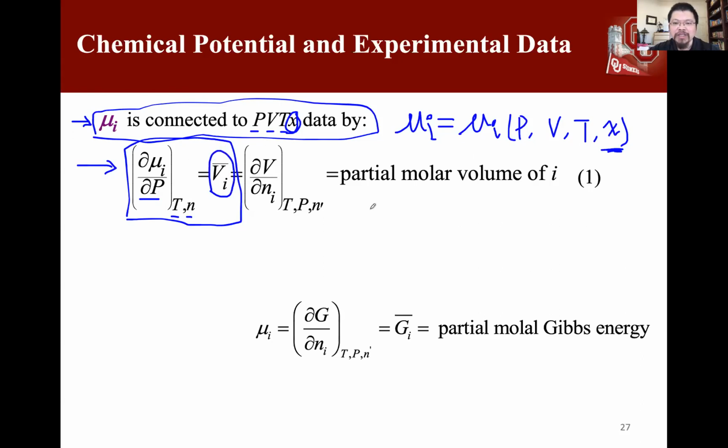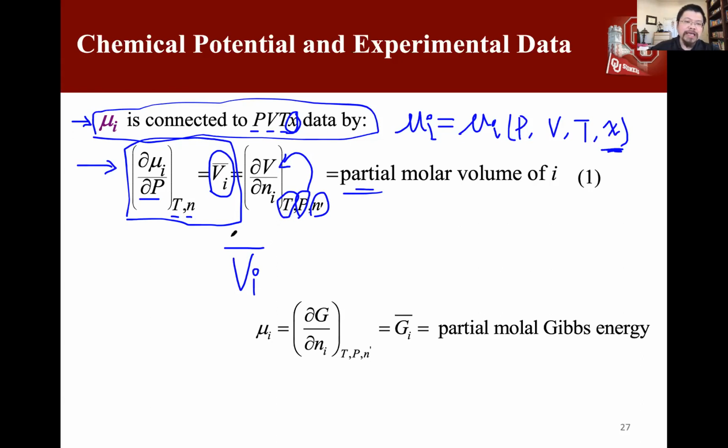Then we realize that is the corresponding partial molar property. First of all, let's check the partial property requirement: temperature, pressure, composition. That is required to define this partial molar volume. So if this is the partial volume, then we can replace this partial derivative by a V-bar.